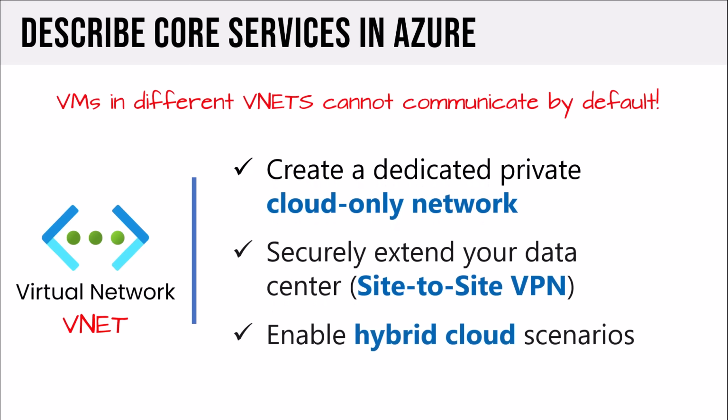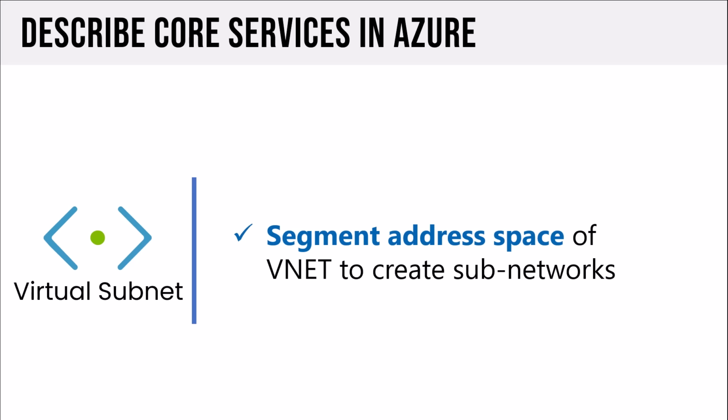But VMs in different VNets cannot communicate by default. So remember I said a virtual network creates isolation. So if I have virtual network A and virtual network B, we cannot communicate between those two by default. There are a couple of ways we can change that, and I'll touch on connectivity between VNets more in a minute. So let's look at subnets.